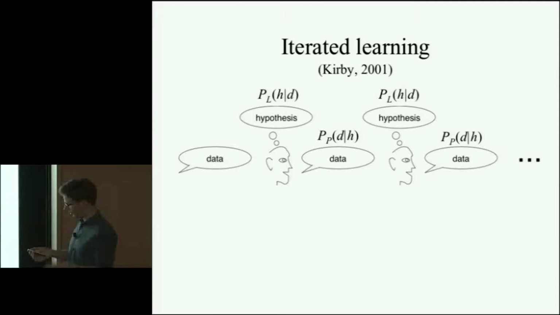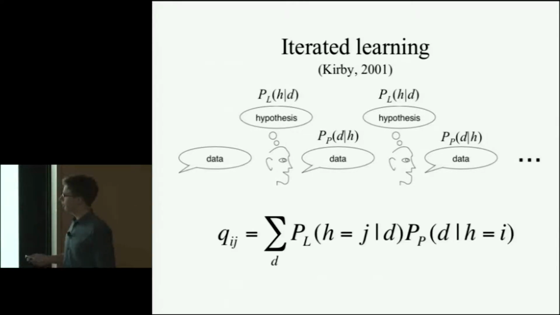And if we do that, then we can write down a probability, which is the probability that a learner with a particular hypothesis will produce a subsequent learner who has a different hypothesis. So more formally, we can write down these probabilities, Qij, that tell us the chance that you'll end up with hypothesis I, given that you learn from somebody who had hypothesis J, just by summing over the data.